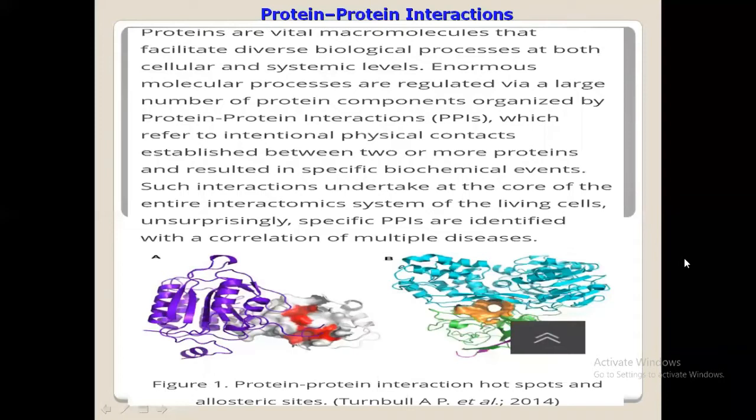Protein-protein interaction is a very important area which refers to intentional physical contacts established between two or more proteins. Suppose two proteins or more than two proteins are contacting each other physically, that is called interaction, and it results in specific biochemical events inside the cell.